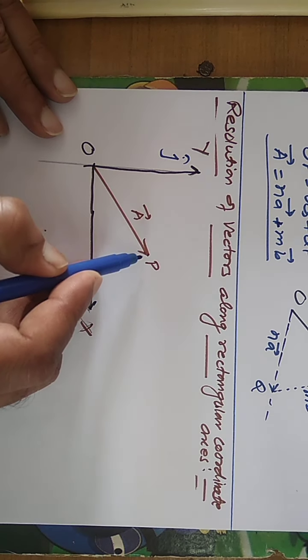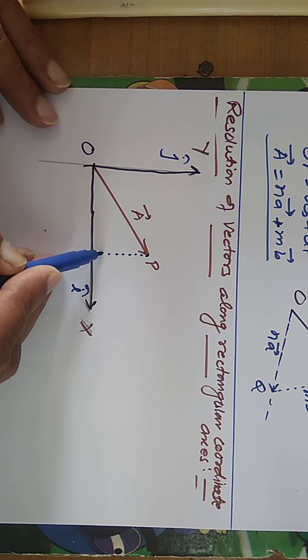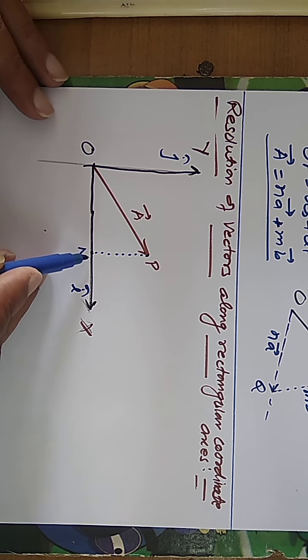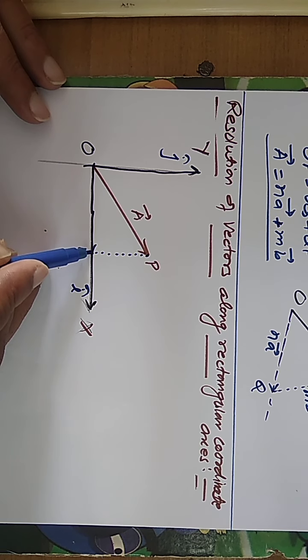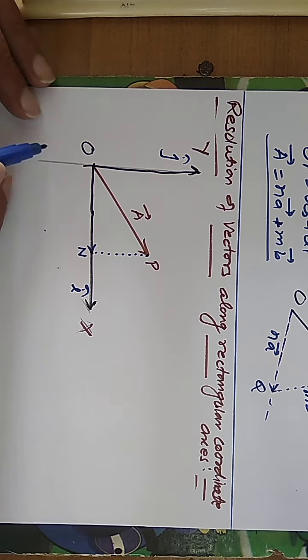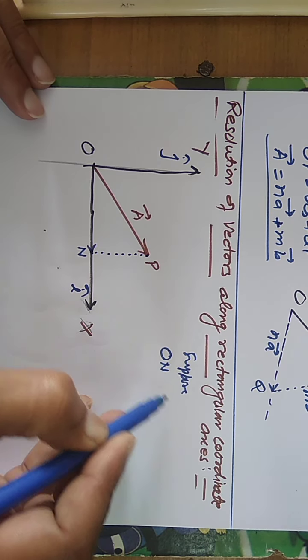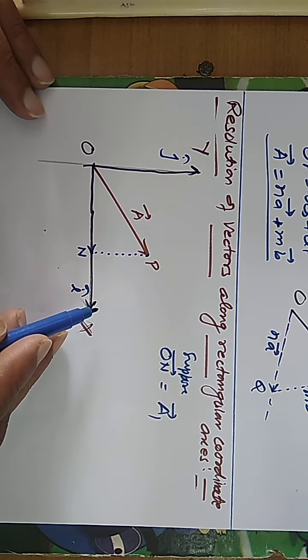Now draw the normal on the x-axis from point P. Say it meets the x-axis at N. Then draw this vector ON. Suppose ON vector is equal to A1 vector.